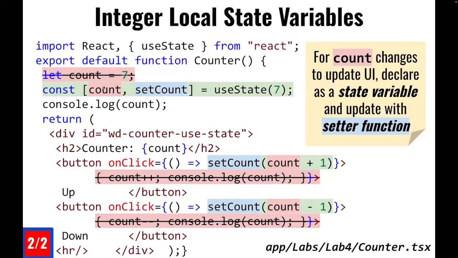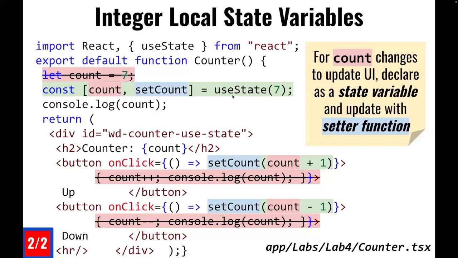It returns first the value of the current state variable, which you can assign to a local constant. That's what we're doing here. Notice the square brackets on the left side, what does that do? It's destructuring. That means useState is returning one array with two items.